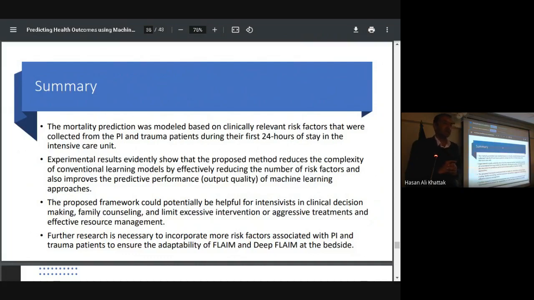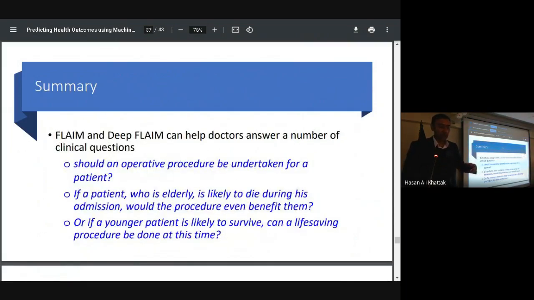Explainability is not a luxury; it is mandatory, or it soon will be. If your machine learning algorithm is predicting, for example, whether an operative procedure should be undertaken for a patient or not, on what basis, on what variables, is it giving us the outcomes?